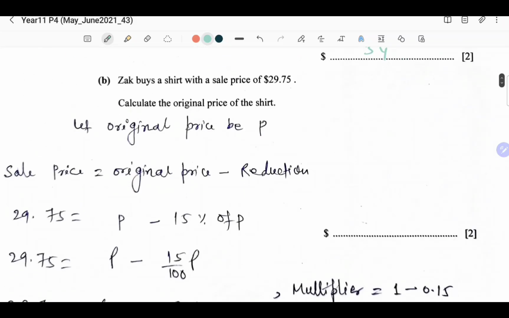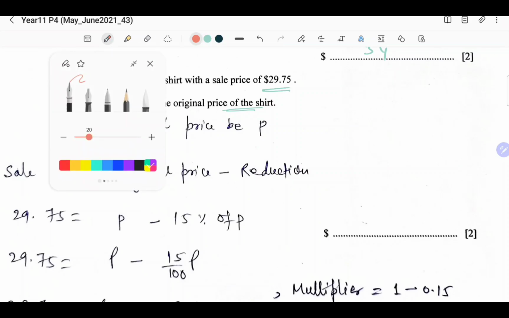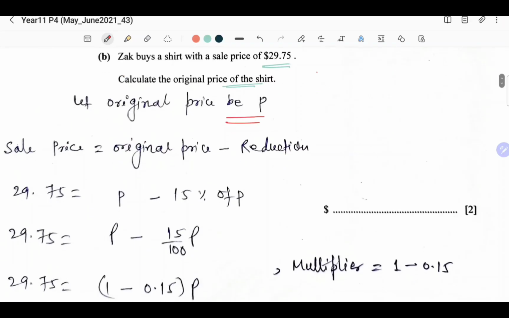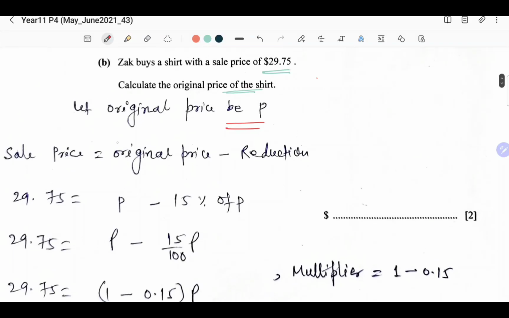Now the B part. Zach buys a shirt with a sale price, this time the sale price is given to us. Calculate the original price of the shirt. So here I have assumed the original price, guys. Let the original price be P. Now sale price is original price minus reduction. The sale price is already given, 29.75.